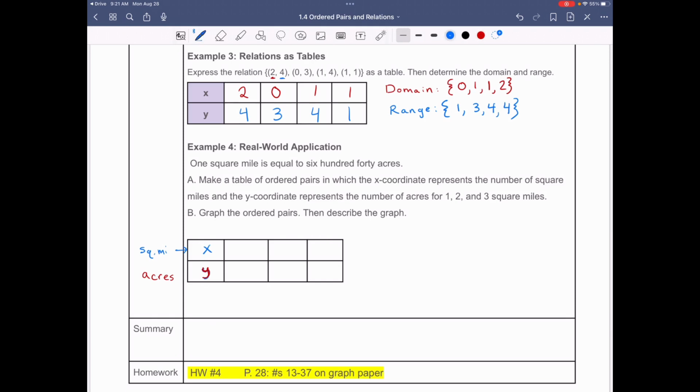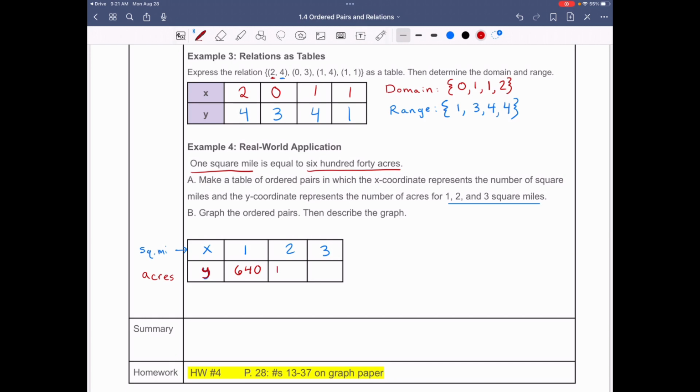All right, and they're telling us that we want to use 1, 2, and 3 for the square miles. For y, they told us that 1 square mile is equal to 640 acres. So I'm going to write 640 here. 1 square mile equals 640 acres.